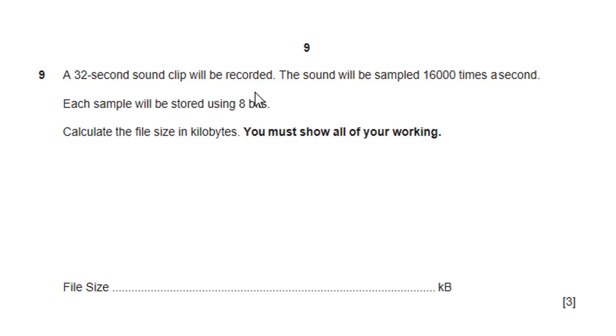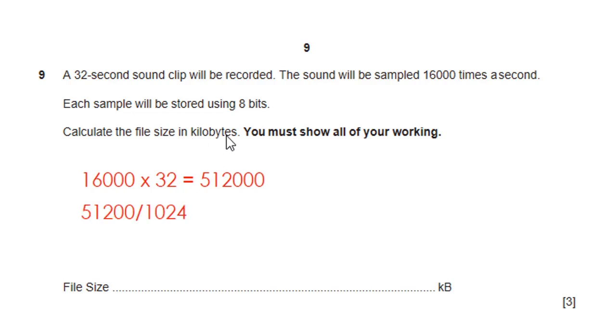Okay, so now we're going to do a little bit of file size calculation. So the first thing we have to do is get the 16,000 samples per second and times them by the length of the clip, which we can just do 16 times 32, which gives you 512, and we add the zeros back on at the end. Because we're already storing this in 8 bits, this is the size in bytes, because we know that 8 bits is in a byte.